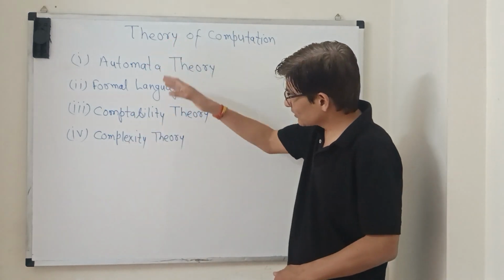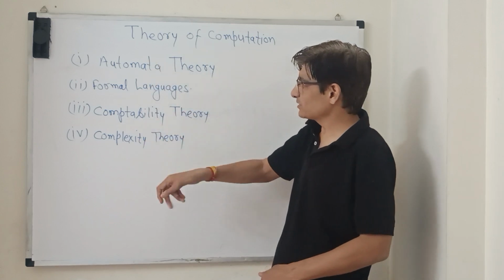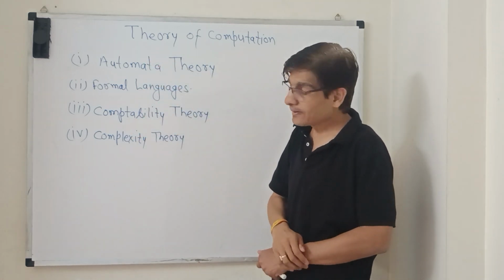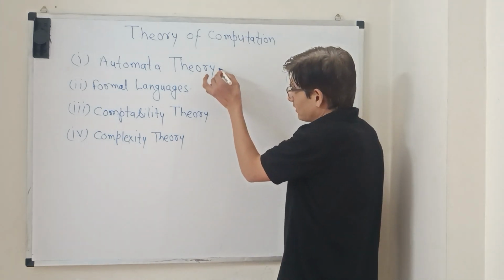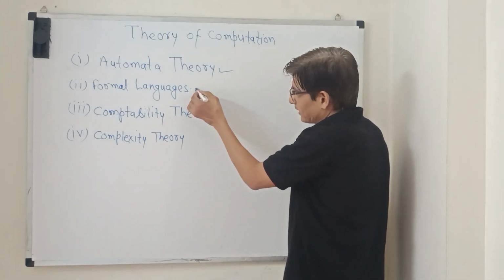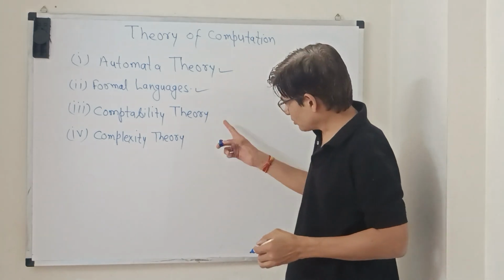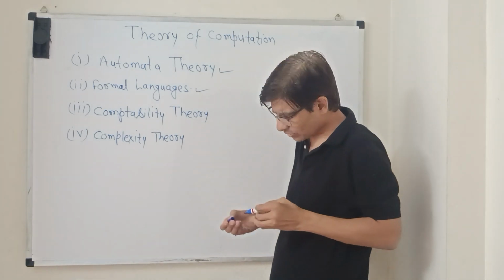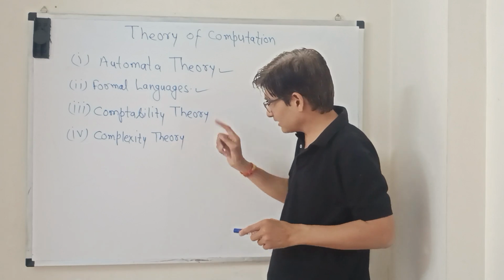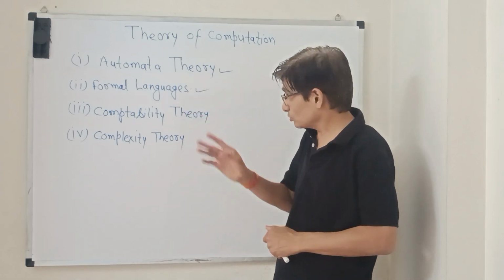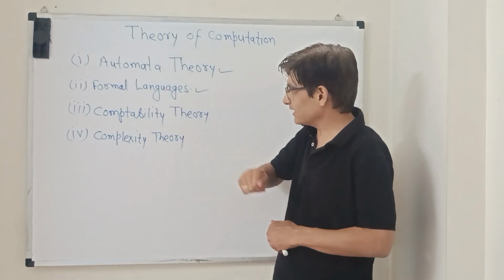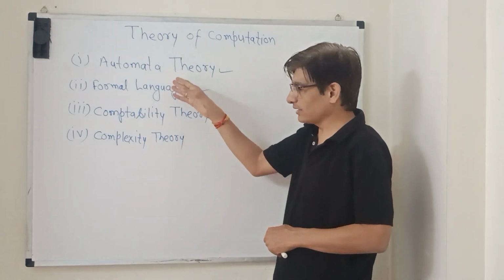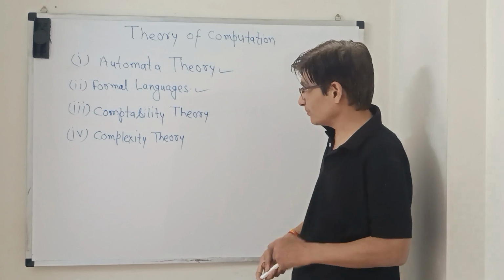So most university syllabi for theory of computation cover all these four areas, but the major part is from automata theory and formal languages. I will introduce what these different areas are and how they relate to theory of computation.